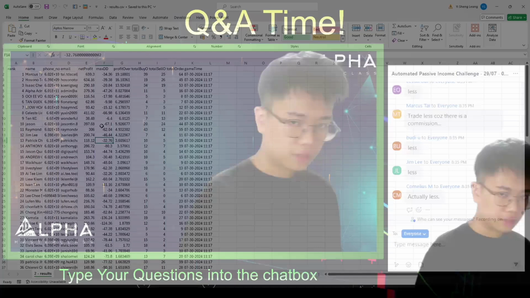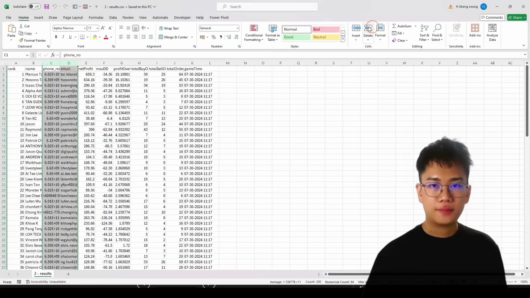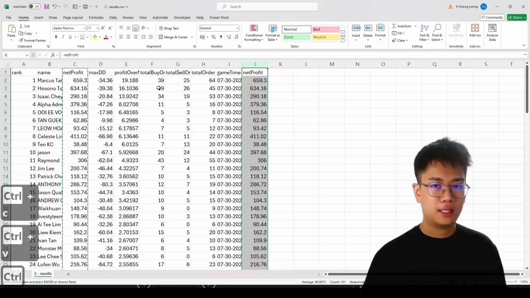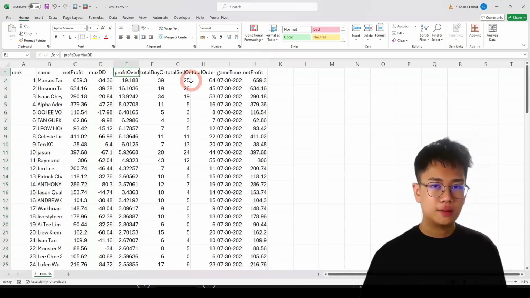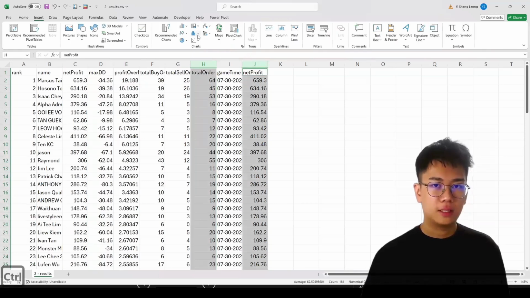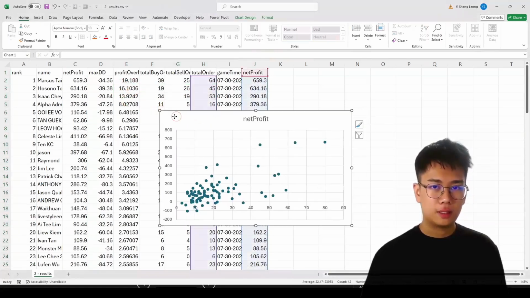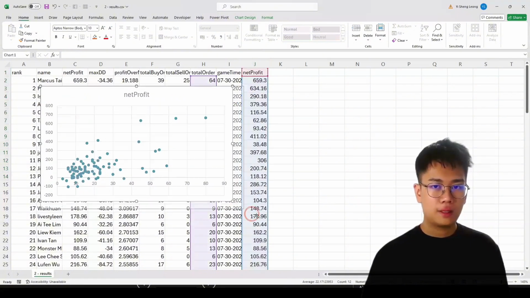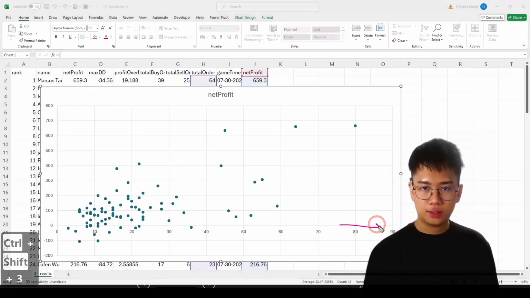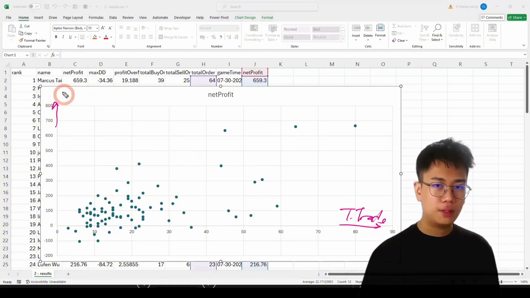Now let's speak with data. In the past, these are all the data that you guys have, and what I'm going to do is an analysis. I will compare your total trades versus your profit. Left and right is your total trades, up and down is your profit.